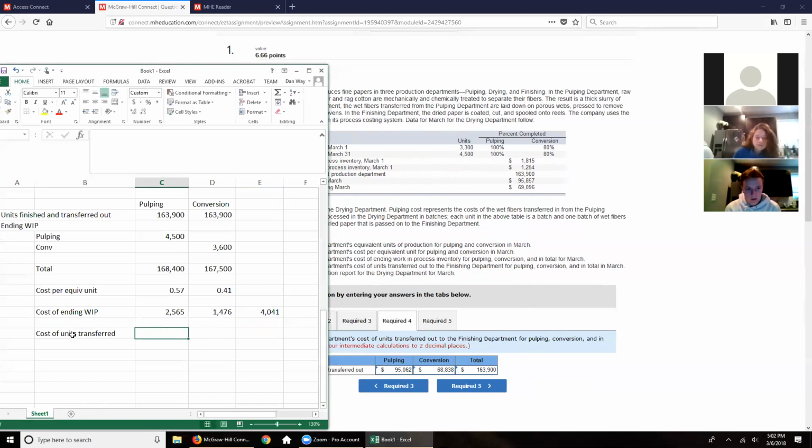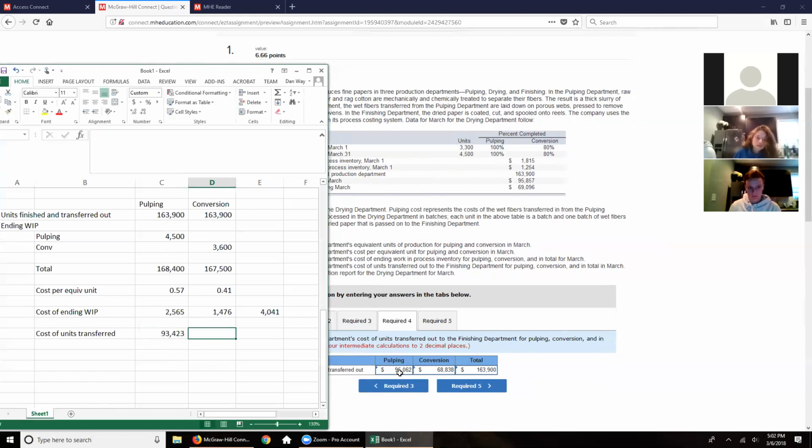So again, everything's driven off, for better or worse maybe, having that cost per equivalent unit, right? Literally the first one. Unfortunately, you could snowball a little bit if you got in trouble there. Because cost of units transferred, again, I transferred out 162,900. I already know my cost per equivalent unit from part 1. So I just multiply the 2.